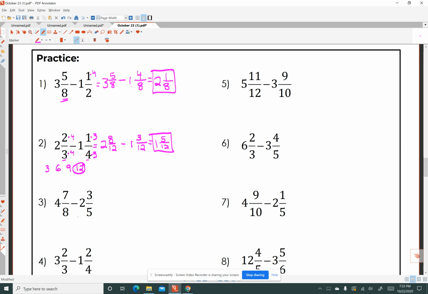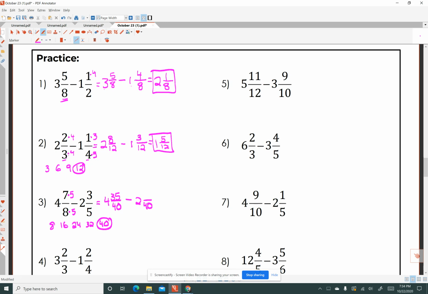Here, let's look at our multiples of 8. We need a multiple of 8 that's also a multiple of 5. So multiples of 8 are 8, 16, 24, 32, 40, and that is also a multiple of 5. So let's rewrite this. 4 and some number of 40ths minus 2 and some number of 40ths. So 8 times 5 gives me that 40. 7 times 5, remember, multiply the numerator and denominator by the same factor, and 7 times 5 is 35.